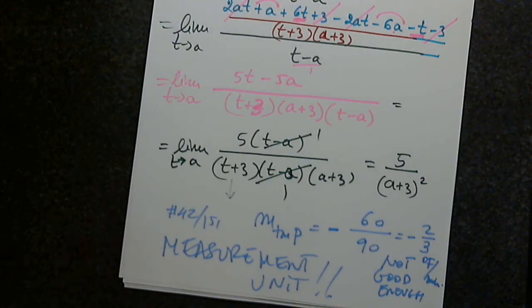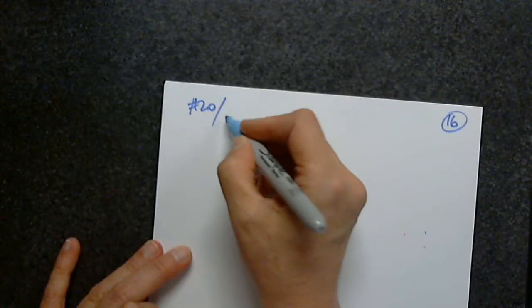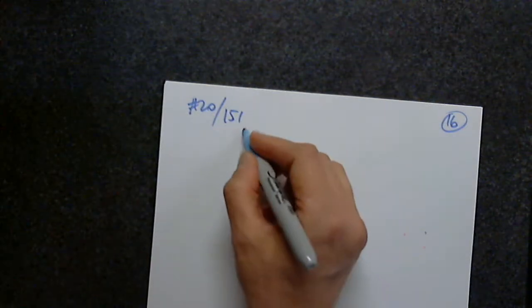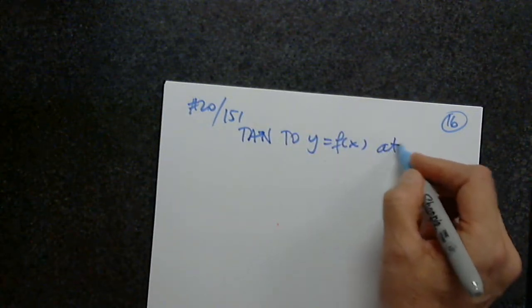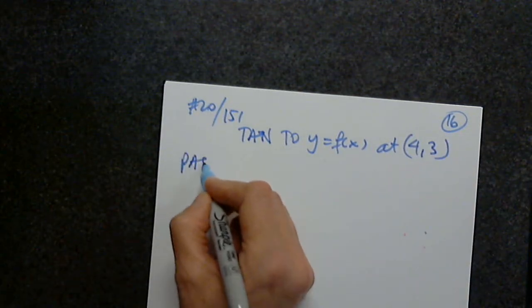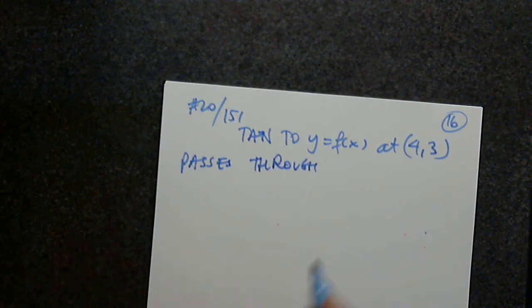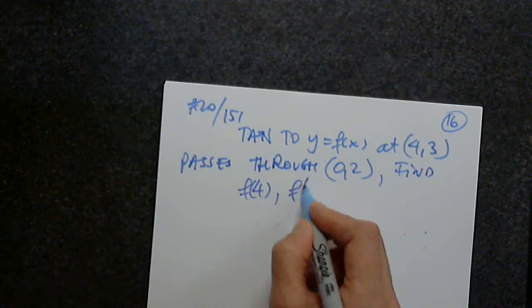Okay, so let's look at 20. If the tangent line to y equals f of x at (4, 3) passes through (0, 2), which is the point, find two things: f of 4 and f prime of 4.